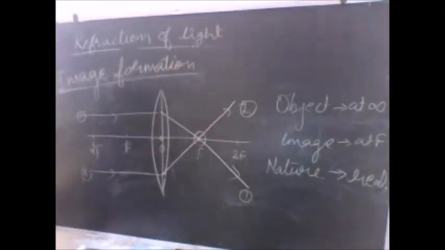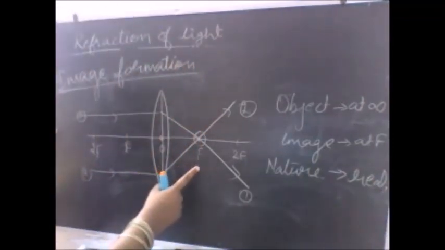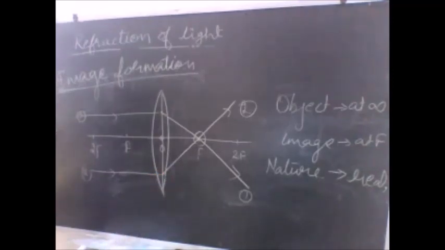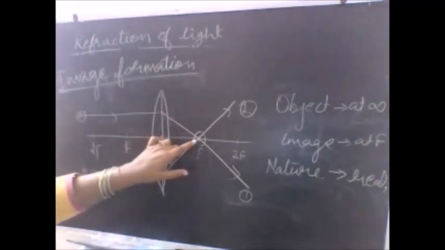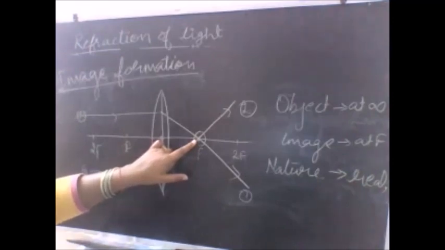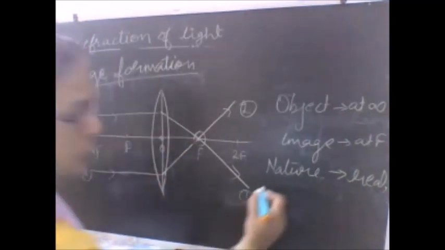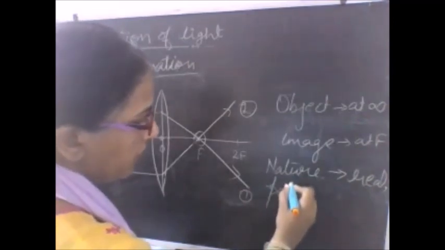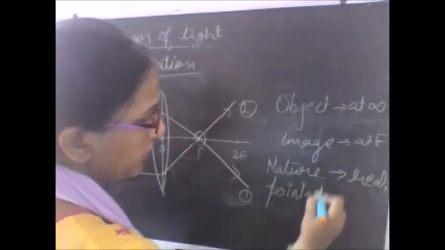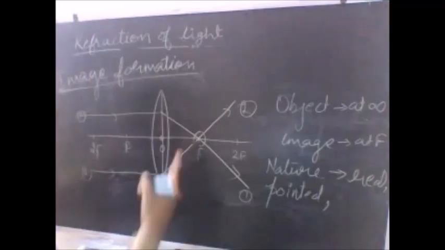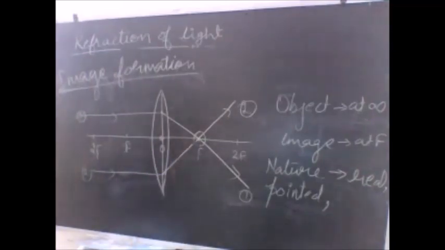And then is the image diminished or enlarged? I can see that a very pointed image is formed over there. So I'll call it a pointed image. When the light rays are coming from infinity, the image is pointed, or you can write down very small image formed. And how is the image formed? Erect or inverted?